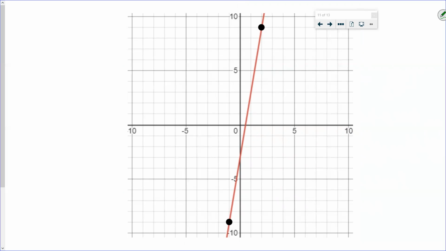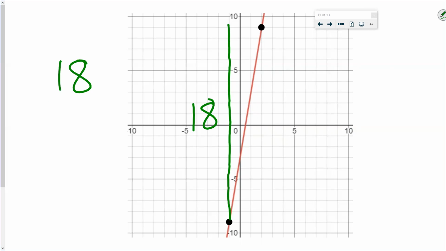Here we have to go up. 1, 2, 3, 4, 5, 6, 7, 8, 9, 10, 11, 12, 13, 14, 15, 16, 17, 18. Whew, we went up 18. So we have a rise of 18. Then we're going to run 1, 2, 3. We ran 3. 18 over 3.